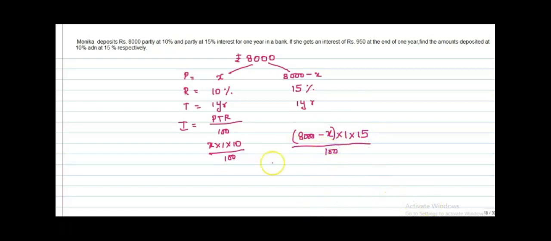So the interest in the first case is x by 10, and in the second case is 8,000 minus x into 15 by 100.